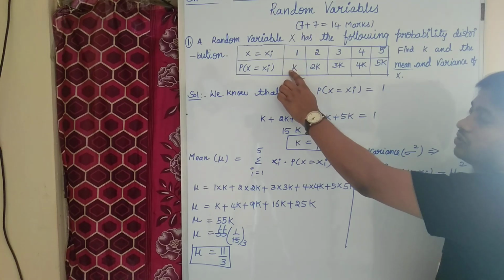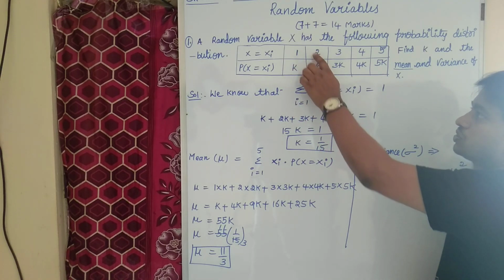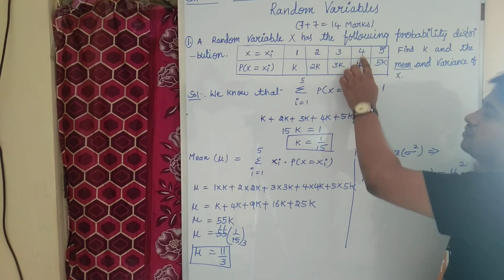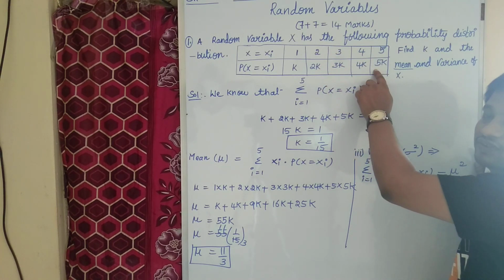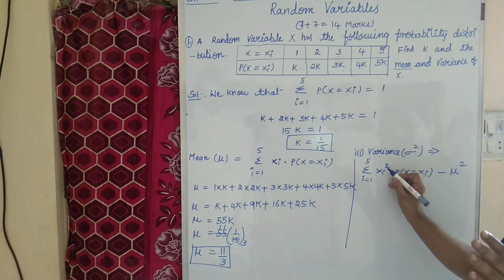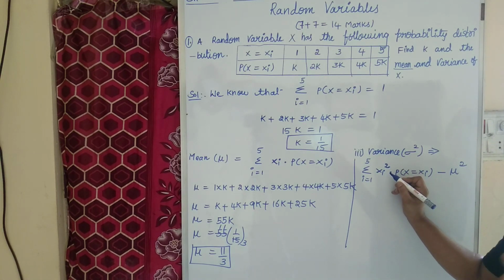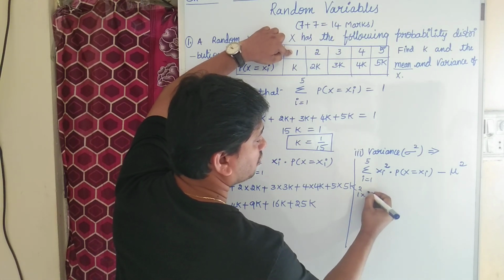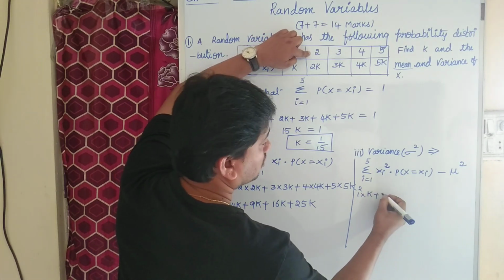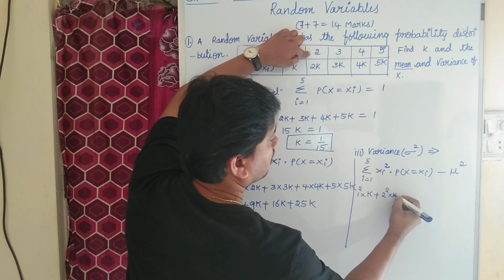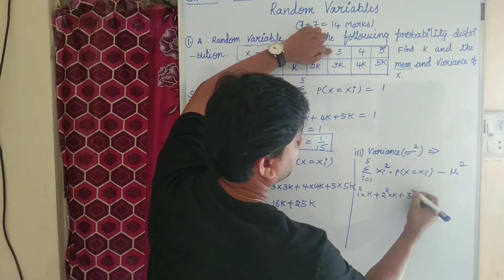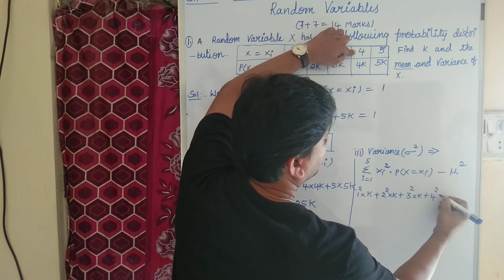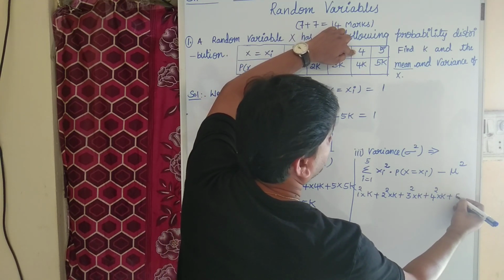We have to do square for the observation: 1 square into k plus 2 square into 2k plus 3 square into 3k plus 4 square into 4k plus 5 square into 5k. Because here we have written square, right? We have to do square, right?